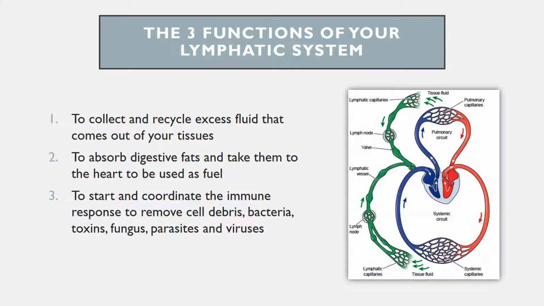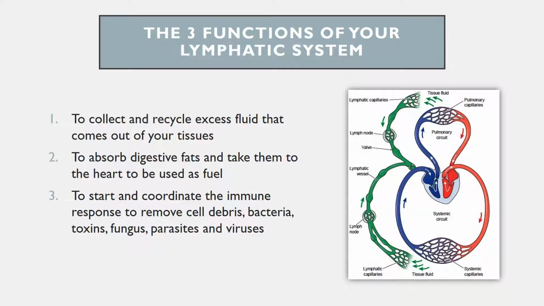The third function of your lymphatic system, and what it is usually known for, is to start and coordinate the immune response to remove cell debris, bacteria, toxins, fungus, parasites, and viruses from your blood and your body, and then get rid of them through your digestive tract.